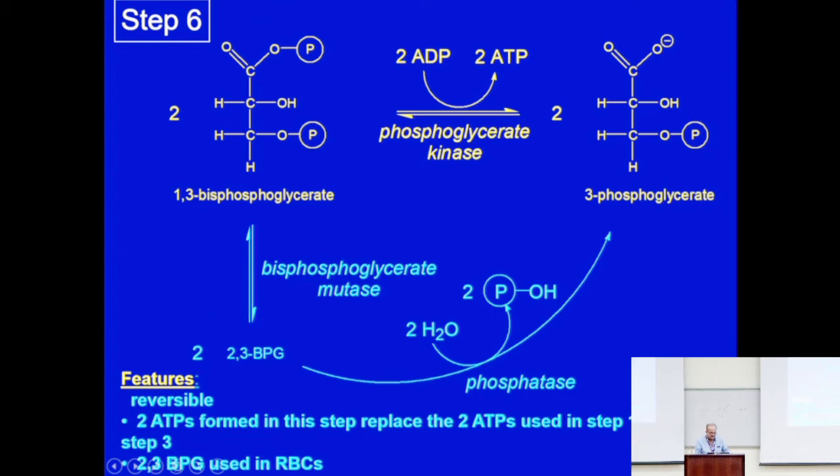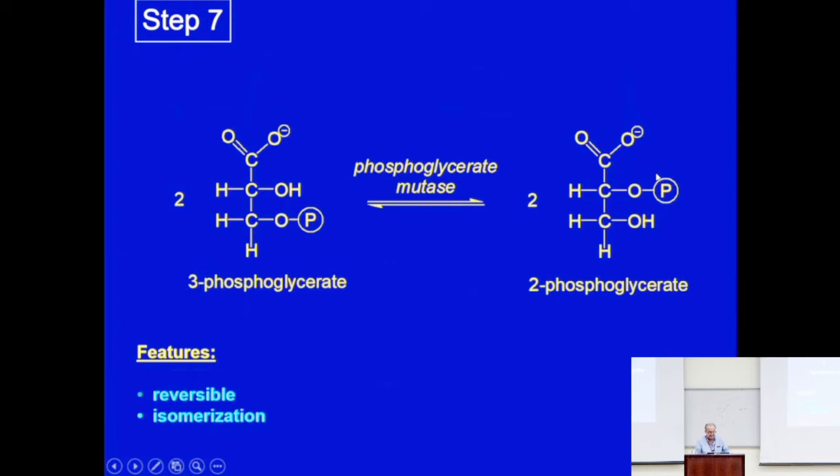Again, the important features are listed here of this reaction. Reversible, produces energy, and 3-phosphoglycerate. And this one here is going to be carried forward. And you're just going to move the phosphate from the 3 position to the 2 position. So you go from 3-phosphoglycerate to 2-phosphoglycerate.